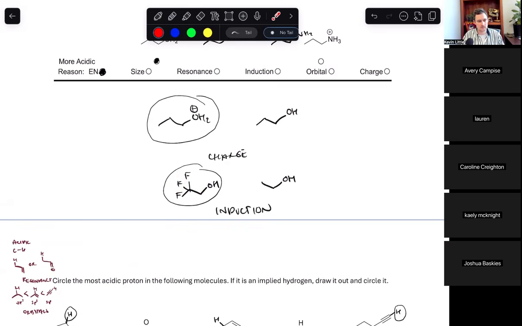So that's induction. Induction would be, hey, there are electronegative things nearby that can help stabilize the charge from afar. It's a less common thing and it's pretty obvious when you see it, just like charge.